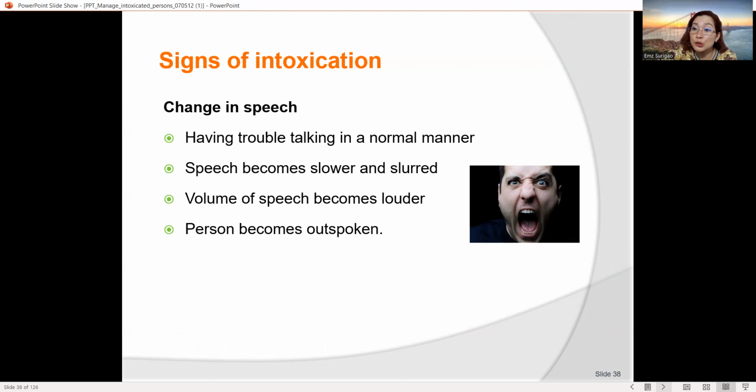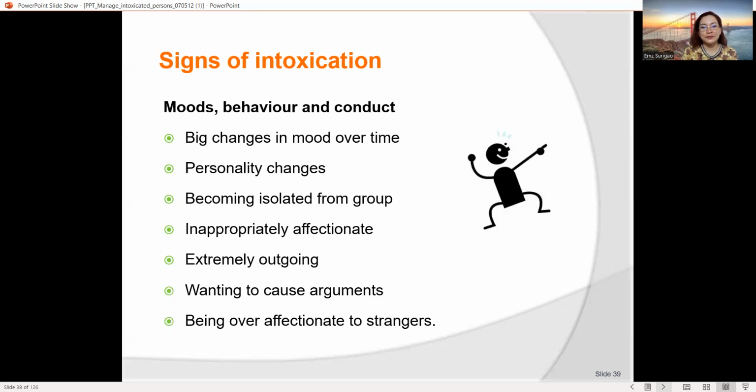Persons become outspoken. Some of them, I have a friend who is a silent type of person when he's drunk or intoxicated, but others are so talkative, they talk so much, they don't even remember what happened last night when they were intoxicated. Moods, behavior, and conduct: you can observe big changes in their mood over time.